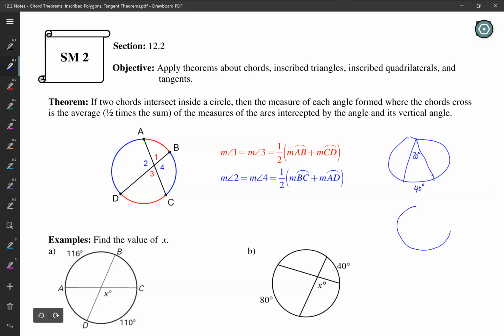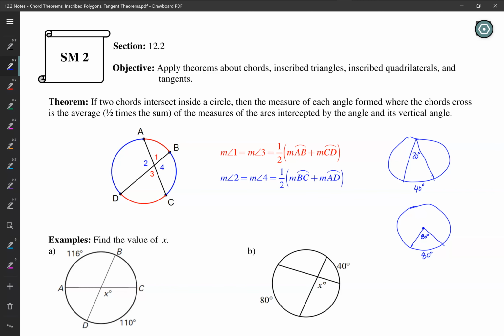We've talked about central angles, where the vertex is at the center of the circle. And if that's 80 degrees, then the arc measure is 80 degrees. But sometimes you get angles that are neither central nor inscribed.